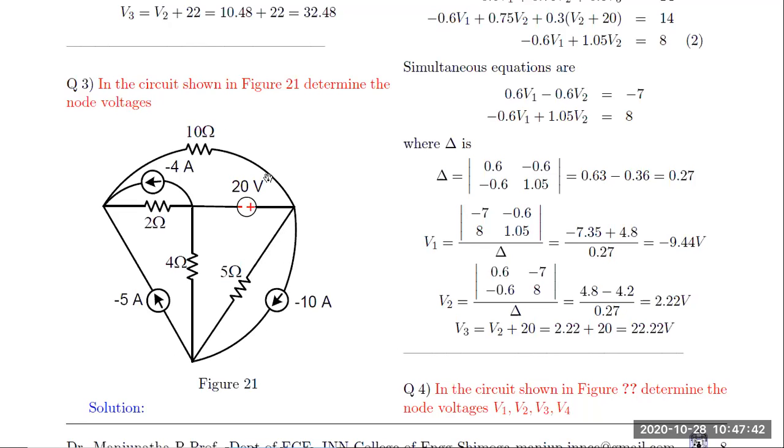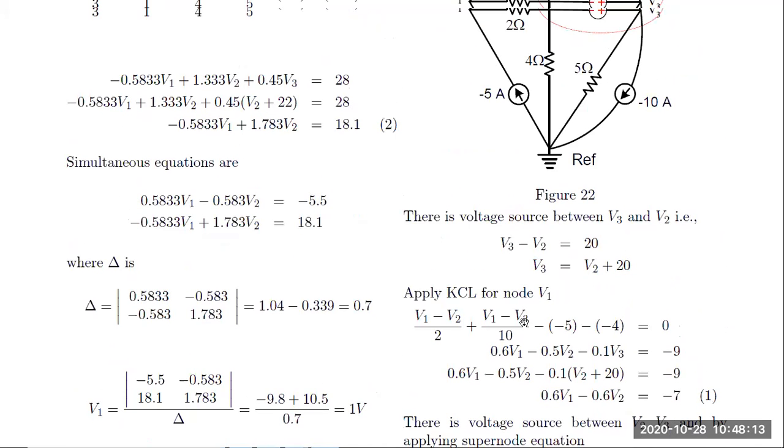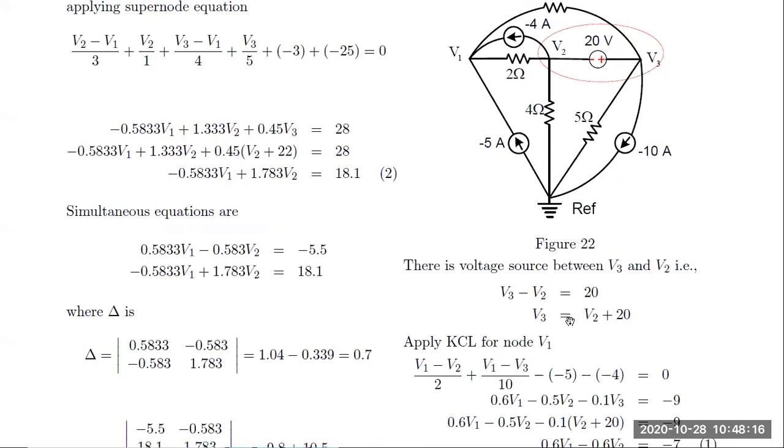The current moving away from this node is plus of minus 10. Next, I have written here V3 minus V2 is equal to 20.